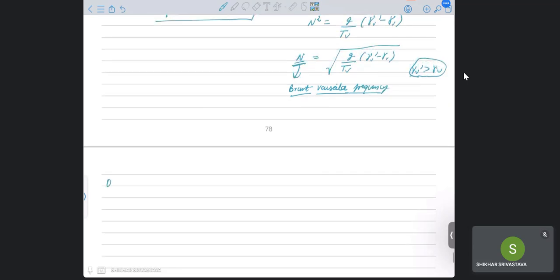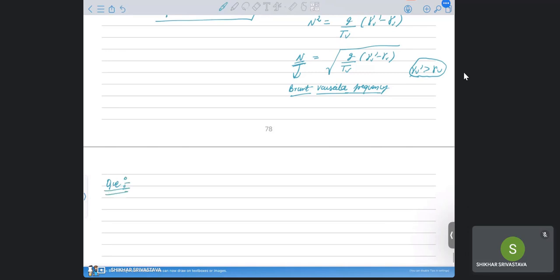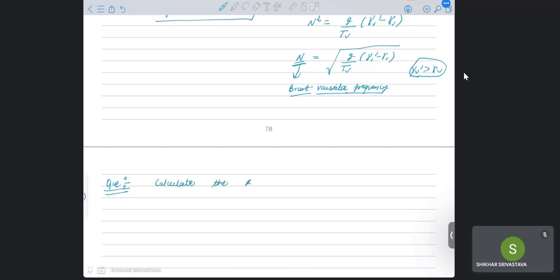Suppose I solve one simple numerical: calculate the Brunt-Väisälä frequency, or n, of an air parcel whose virtual temperature Tv is, suppose, 280 Kelvin.